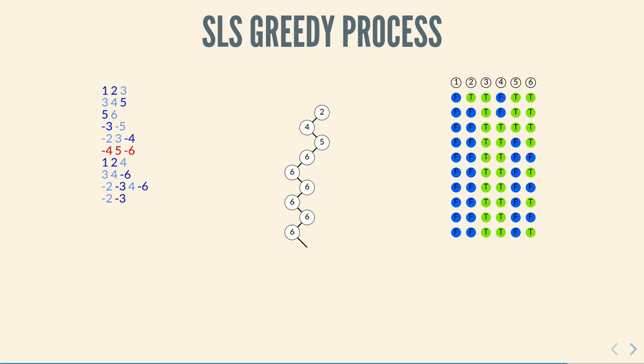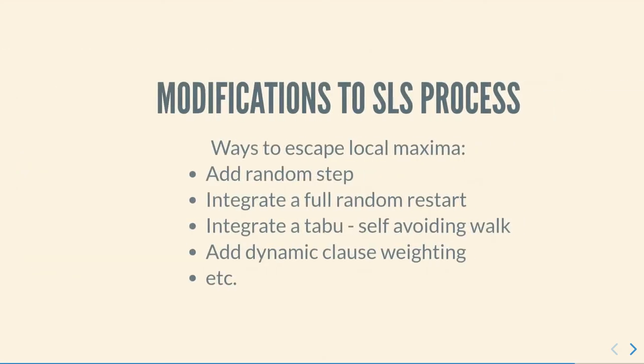This stochastic variable flipping process can eat its own tail in an algorithmic sense, flipping variables without ever managing to satisfy all of the clauses in the problem. And this is probably one of the major drawbacks of stochastic local search.